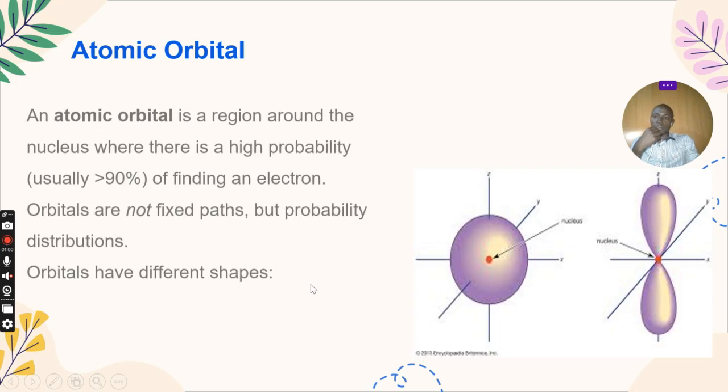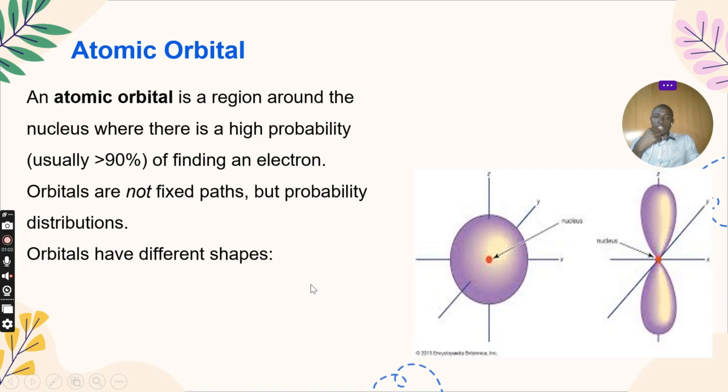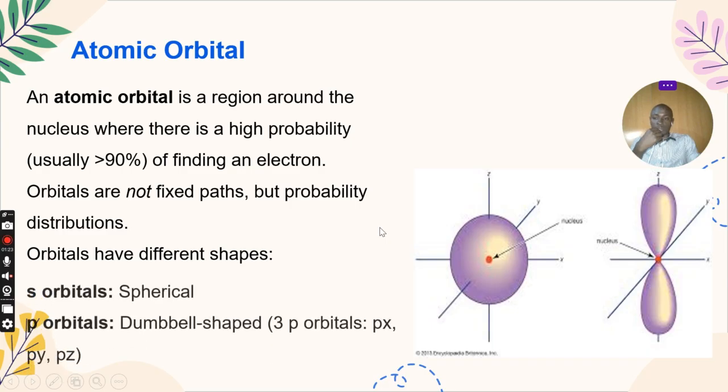So what's an orbital? An orbital is a region of space around the nucleus of an atom where there is a high probability of finding an electron. So they show us the paths of electrons around the nucleus, where electrons can be found. There are different types of orbitals.